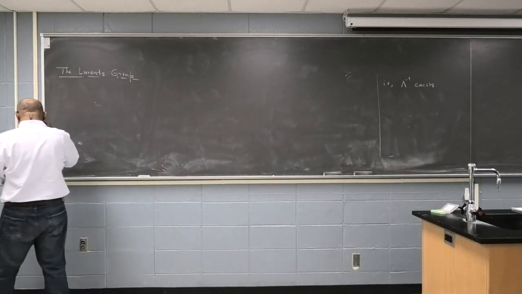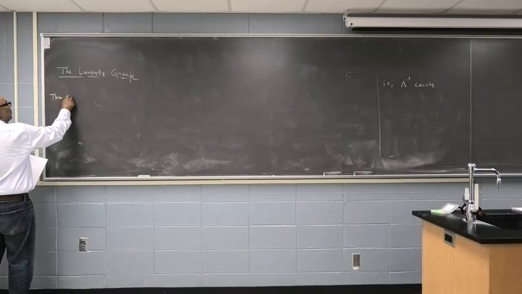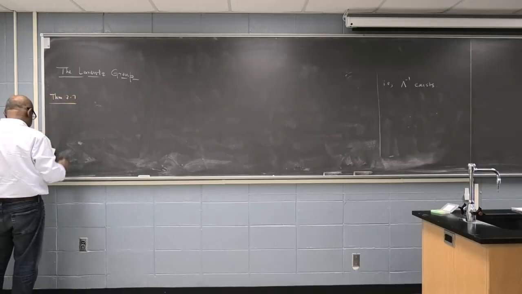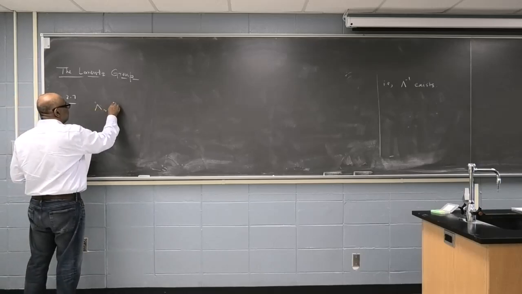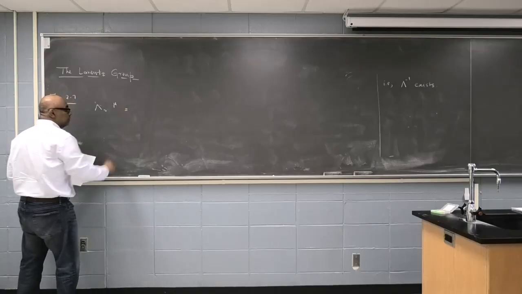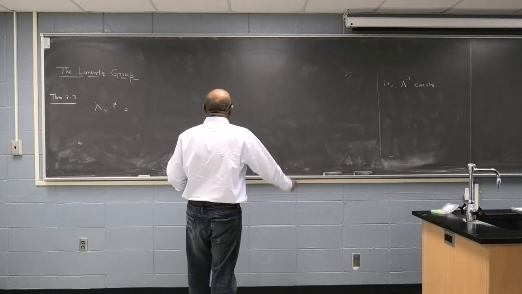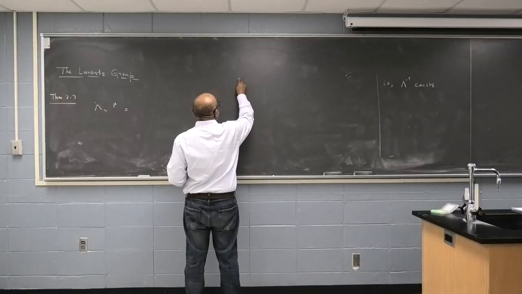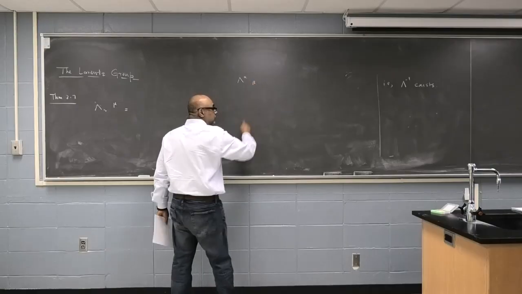And in my new nomenclature, this is theorem 2.7. And I'm going to define this guy. What was the original lambda like? Let me call it alpha, beta.